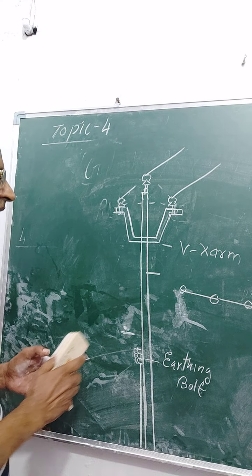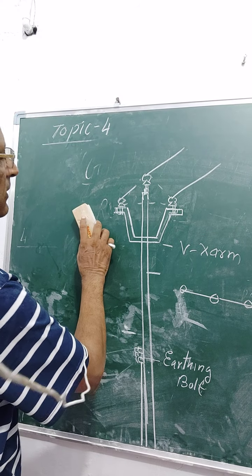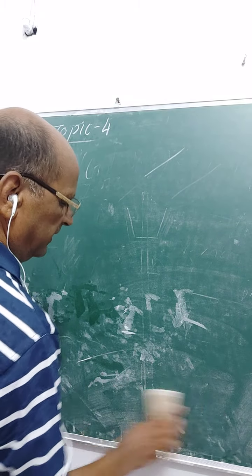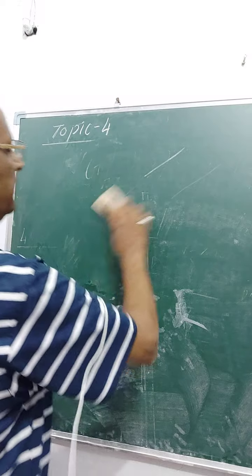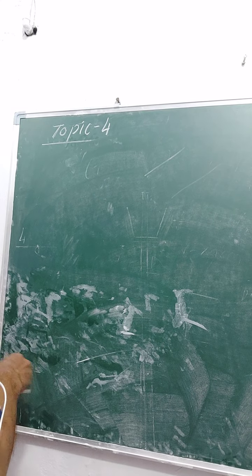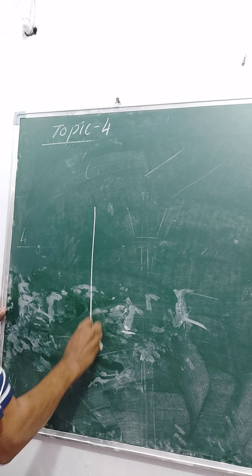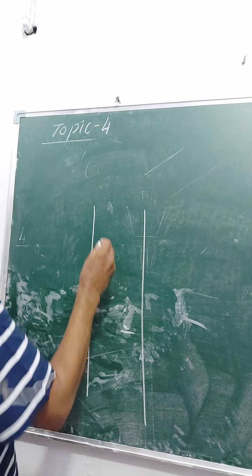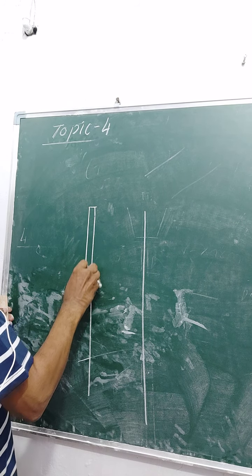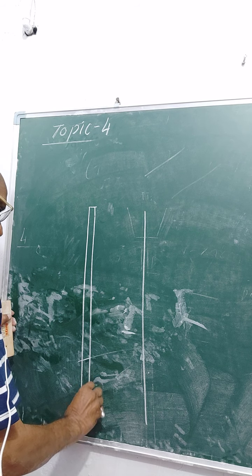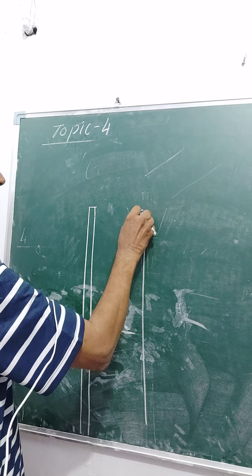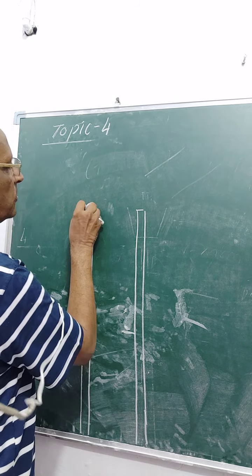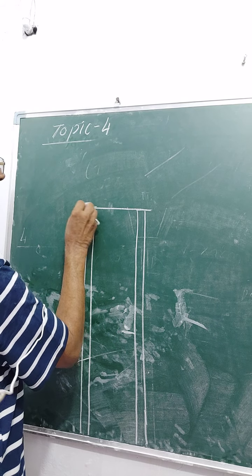Now in an HT line, after a distance of 1.6 kilometer, that is 1 mile, we have to put a DP structure. And this DP structure is like this. This is also called an H-pole structure, whether it is a PCC pole or you can use RH joist. This DP structure is provided with a horizontal cross arm.